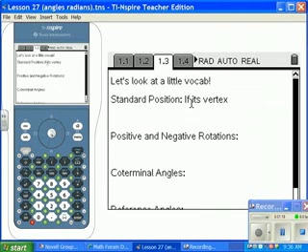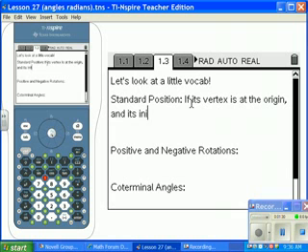You should know vertex. Where the two connect, okay. If its vertex is at the origin, you know what the origin is, right? And its initial ray points along the x-axis.